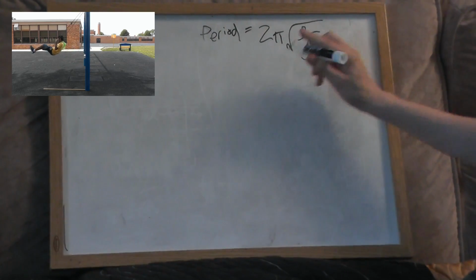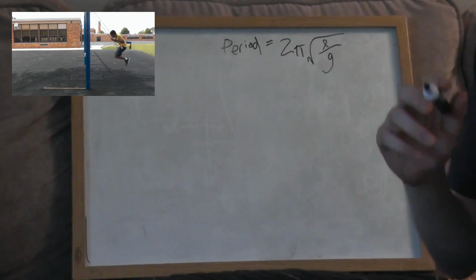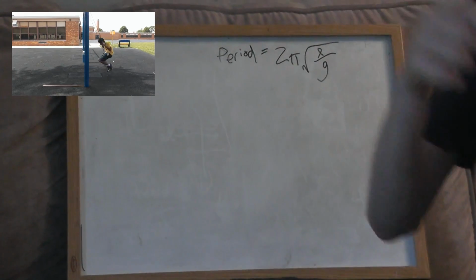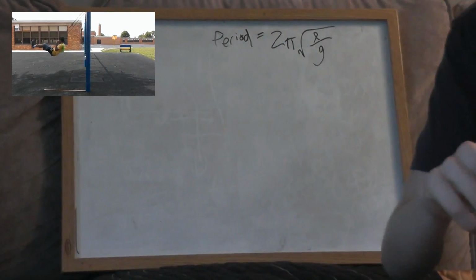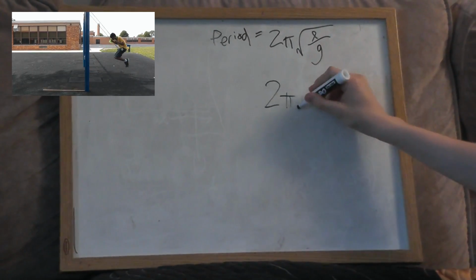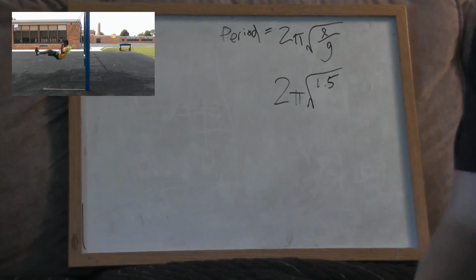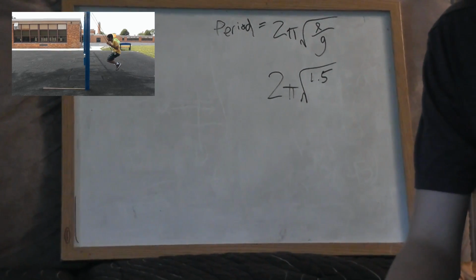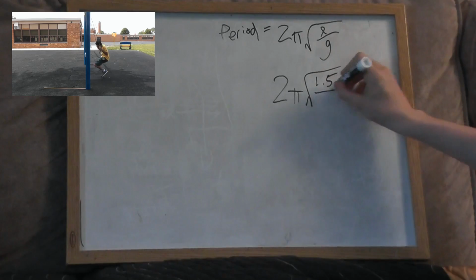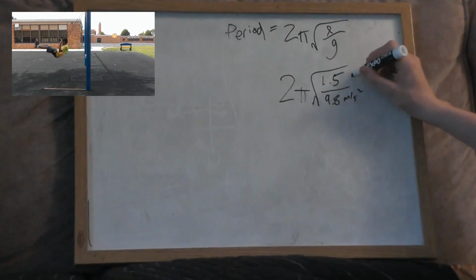Well, L is simply going to be the length of the swing chain from the top to Phase Alien's seat, which measures 1.5 meters. And the G is gravity, which is 9.8 meters per second squared.